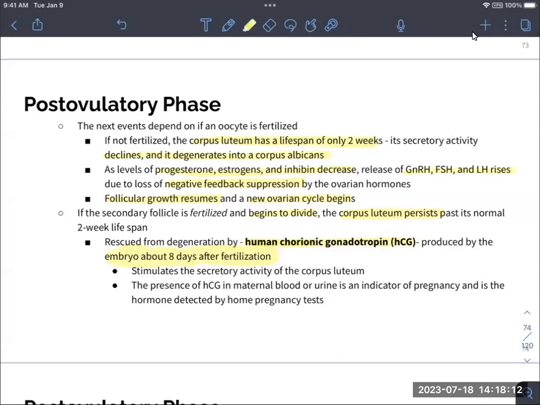This is what causes that corpus luteum to remain, to continue to secrete out those hormones. We can start to detect this HCG in the maternal blood or urine as an indicator of pregnancy. So this is what home pregnancy tests are detecting, this HCG that can be found in the urine.